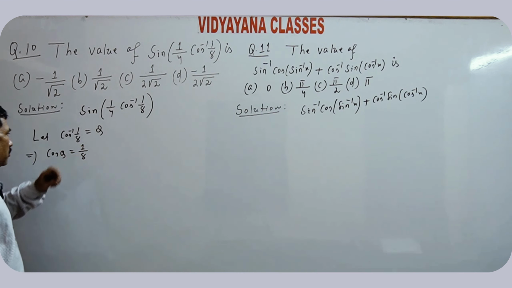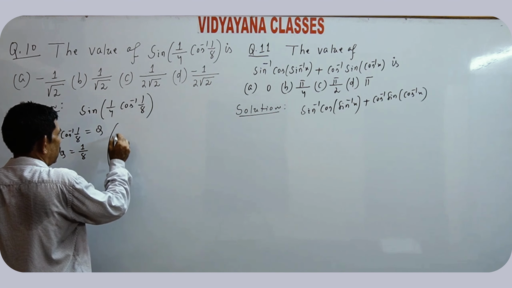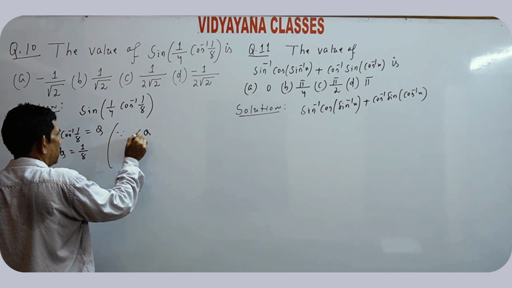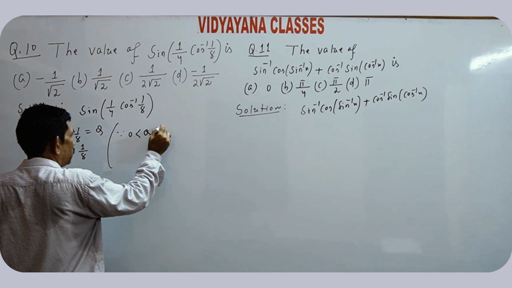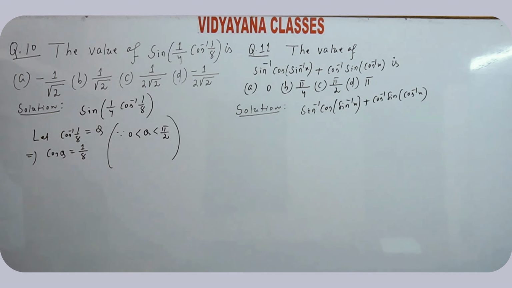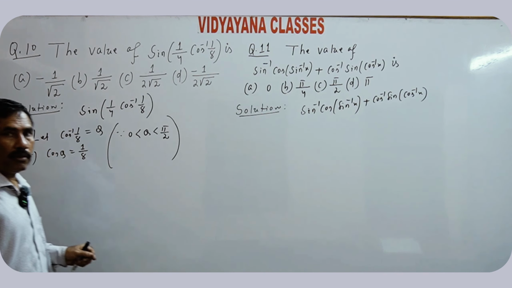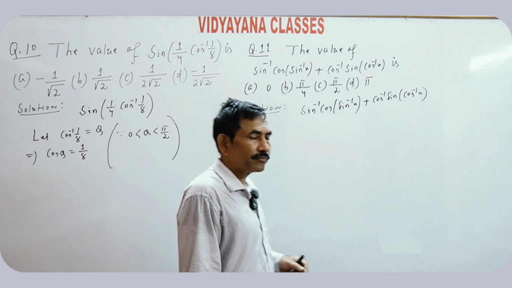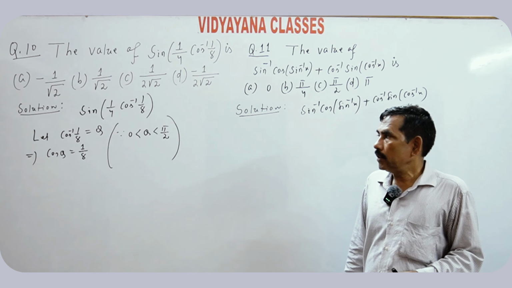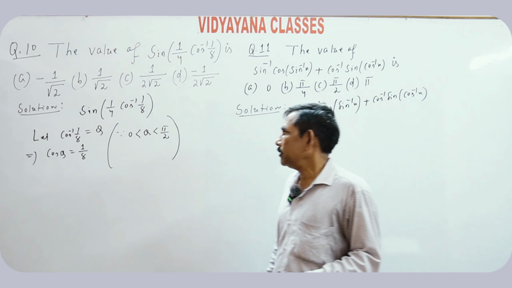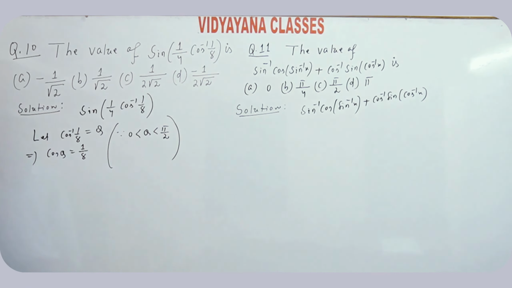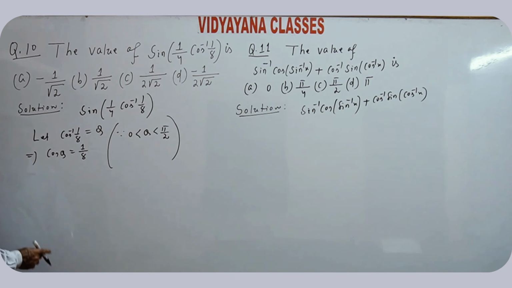Since cos theta is equal to 1 by 8, theta lies between 0 and pi by 2, in the first quadrant. Cos is invertible when theta is greater than or equal to 0 and less than or equal to pi.